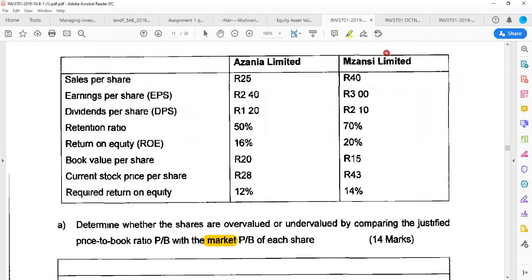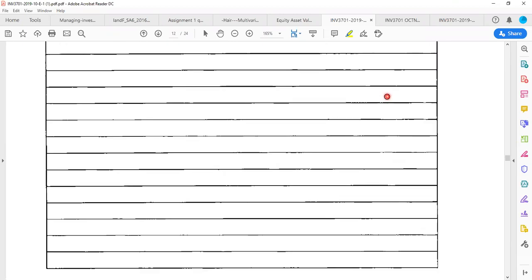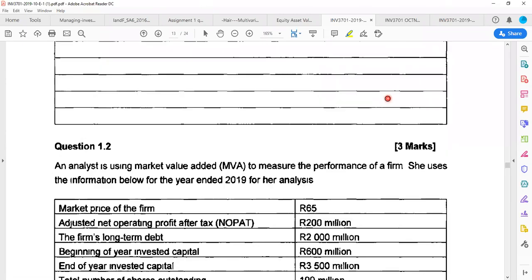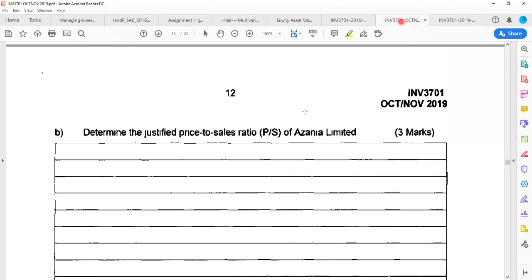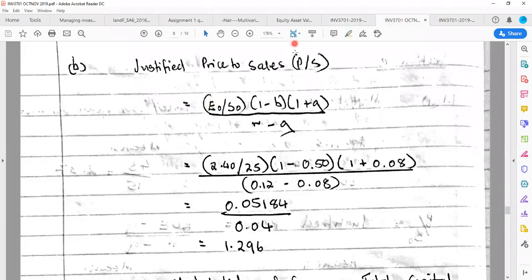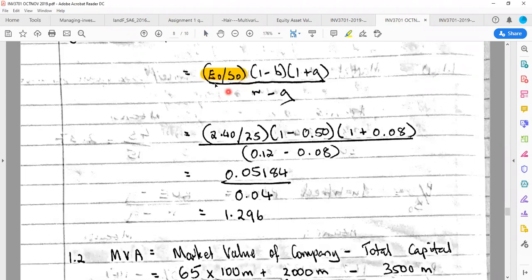But like I've told you, sometimes it might happen in some exams that they don't give you the earnings per share and they don't give you the sales per share. They just give you the net profit margin. This part, the E0 over S0, is also known as the net profit margin. Okay, it's the same thing. And remember that this part right here is equal to the price to earnings, the trailing price to earnings.